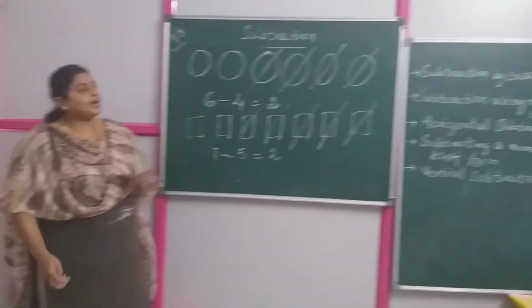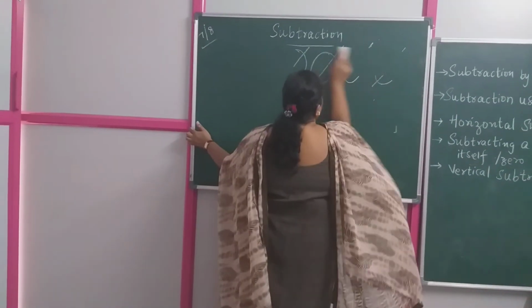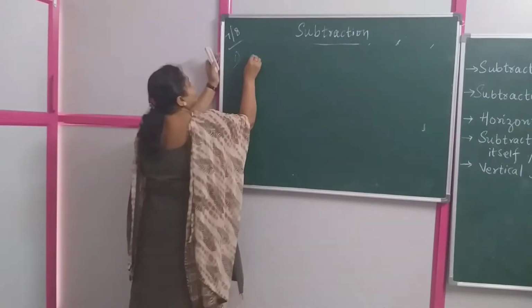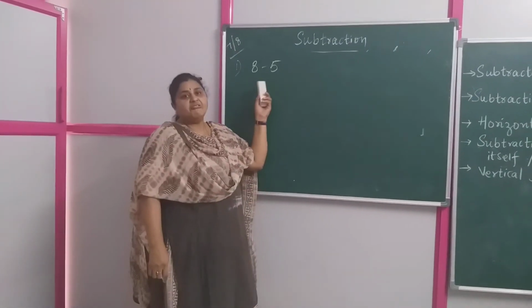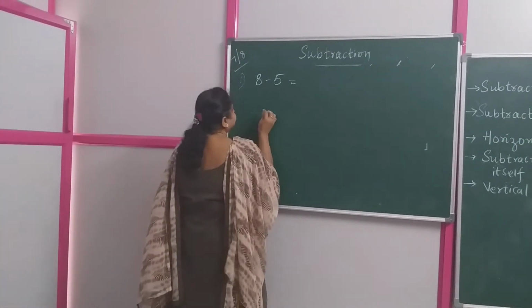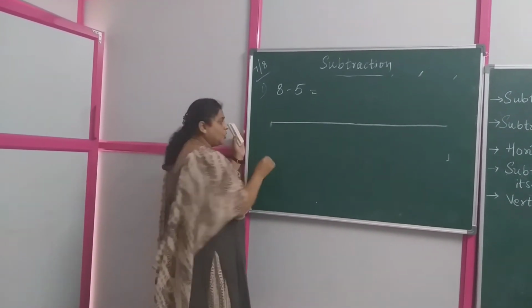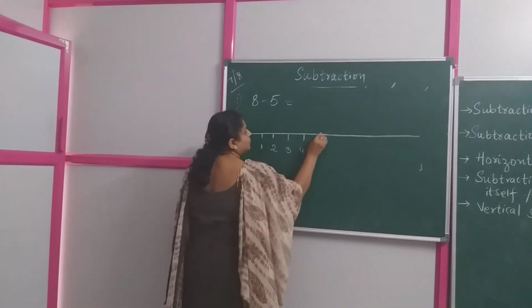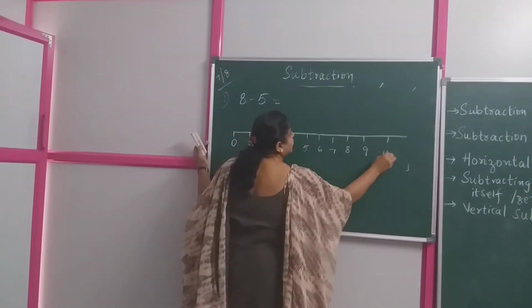The next one, subtraction using number line. 1, 2, 3, 4, 5, 6, 7, 8, 9 and 10.